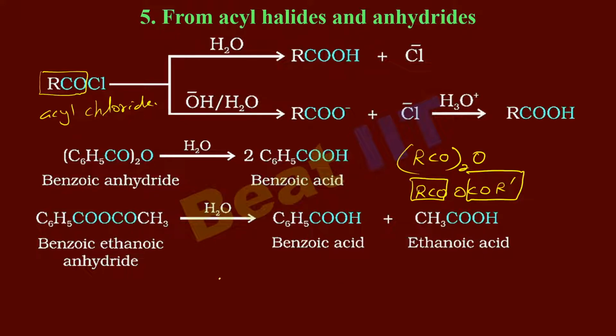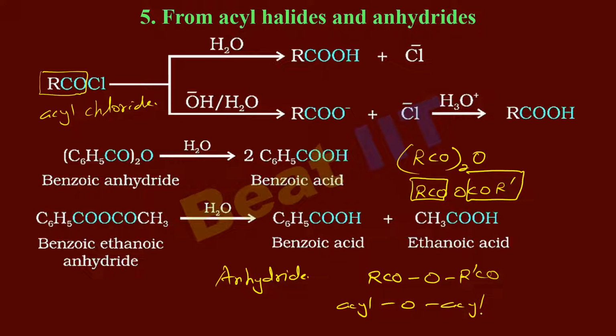So an anhydride is of this type: RCO, O, R dash CO. You have an acyl group, oxygen, another acyl group. If both acyl groups are the same, you write it like this, RCO whole twice O. If both acyl groups are not the same, you write it like this, with one acyl group here and another acyl group here.